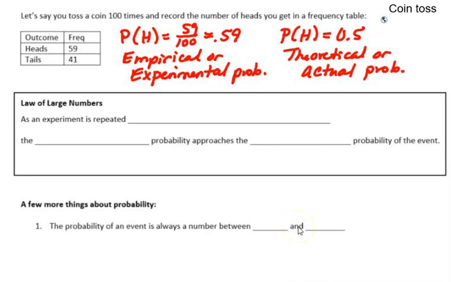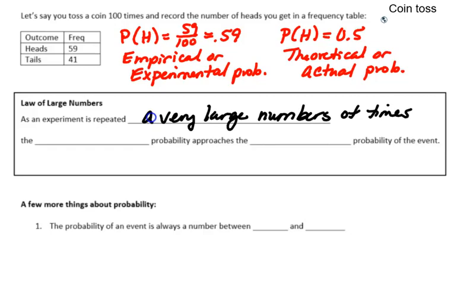So this is what the law of large numbers says. As an experiment is repeated a very large number of times, the empirical probability approaches the theoretical probability.